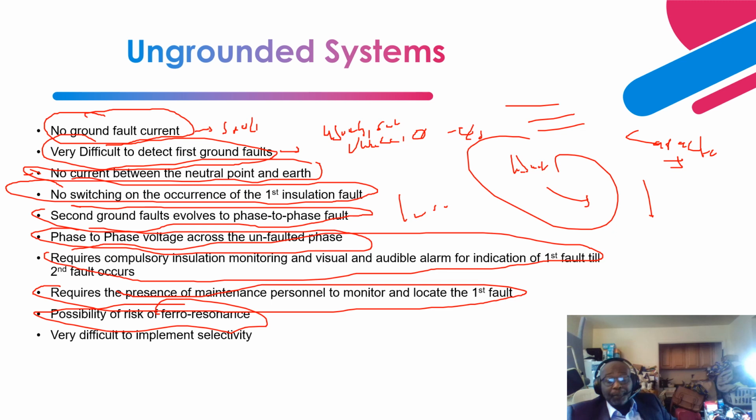Next, an amplification of the voltage. When ferroresonance occurs, it amplifies the voltage, and the amplified voltage can be very fatal for the insulation system. Also, it is very difficult to implement selectivity, because the fault current is so small that you cannot achieve protective relay selectivity.